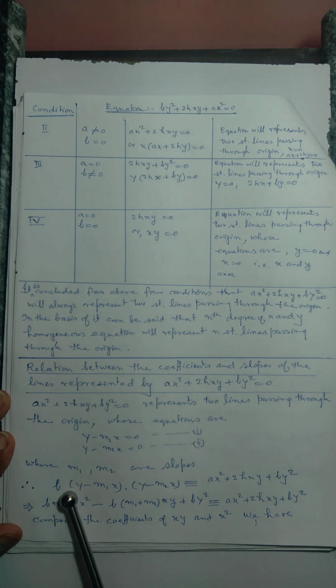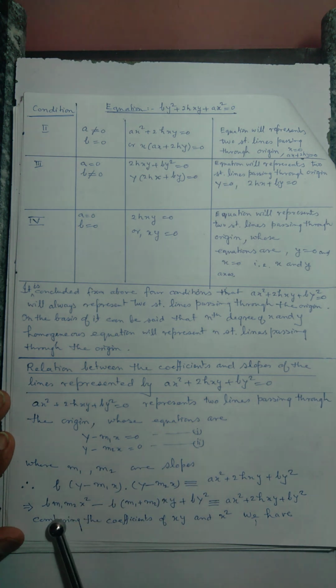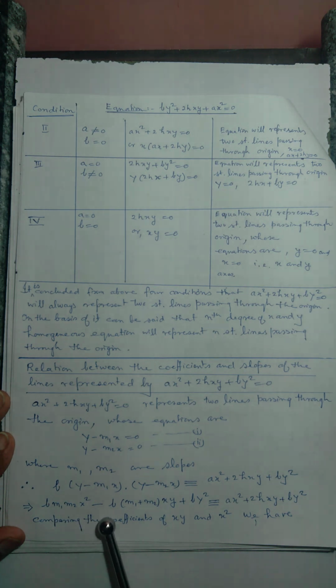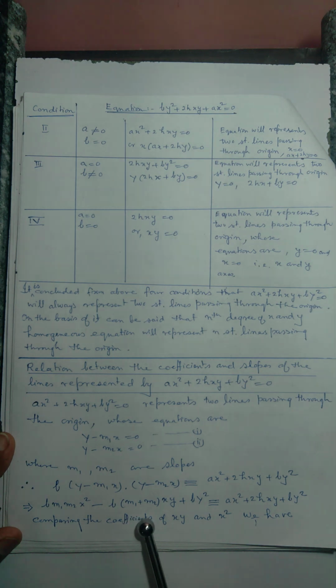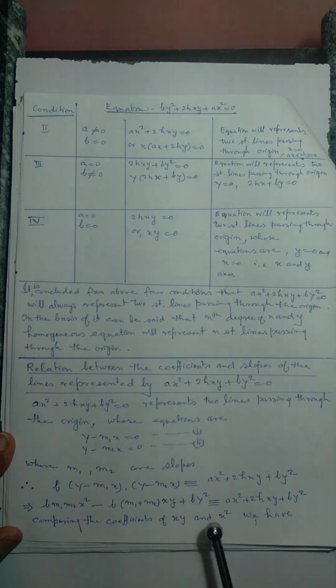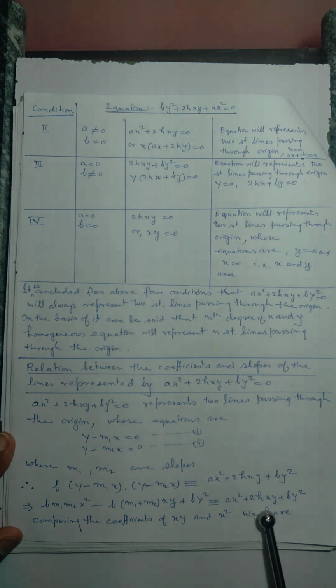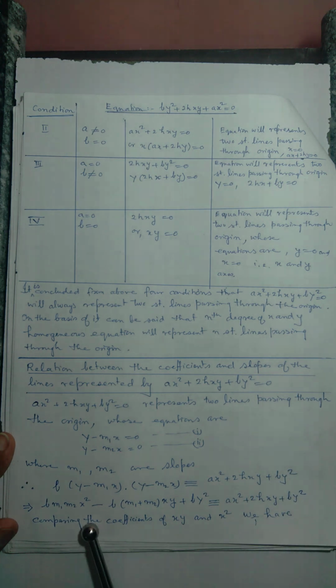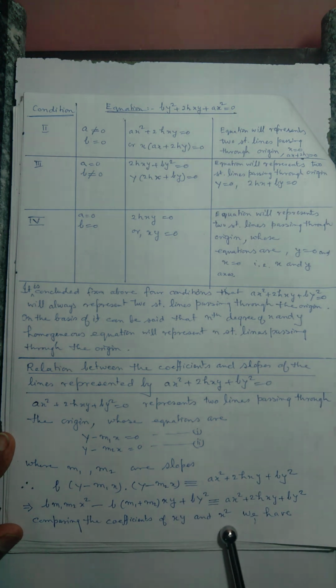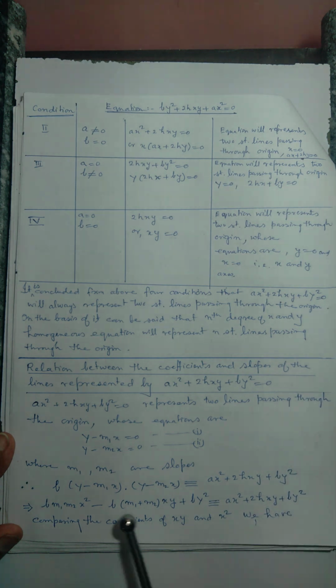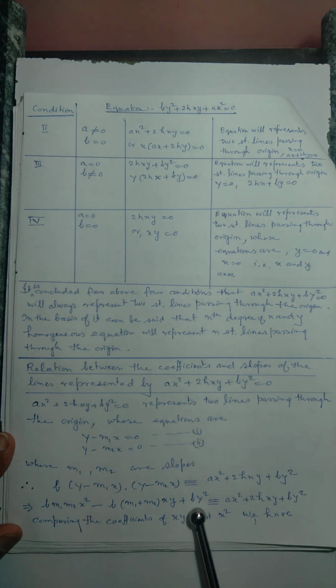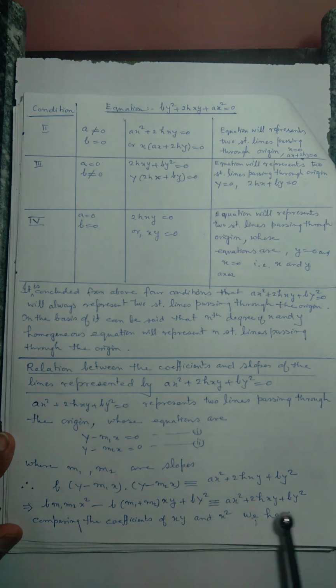Now on multiplying the left hand side, you will get b·m1·m2·x² − b(m1 + m2)xy + by² is equivalent to ax² + 2hxy + by². Now comparing coefficients, the coefficient of y² is the same on both sides. We only have to compare the coefficients of x² and xy.